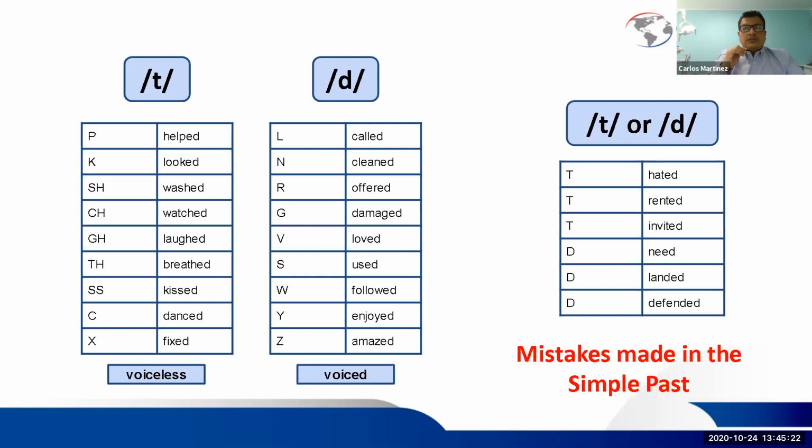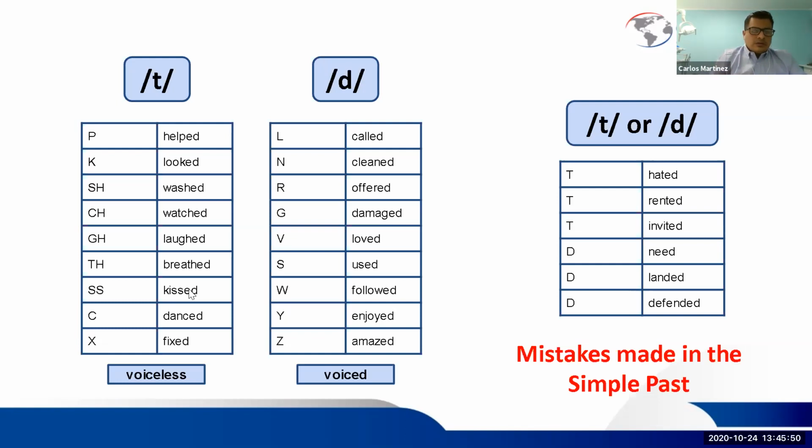We never say "enjoyt," no, "enjoyed." Amazed. Notice how it's one syllable; even when we have two syllables, for example, enjoy, in the past, enjoyed. We don't add syllables. Amaze, amazed, follow, followed, damage, damaged, love, loved.